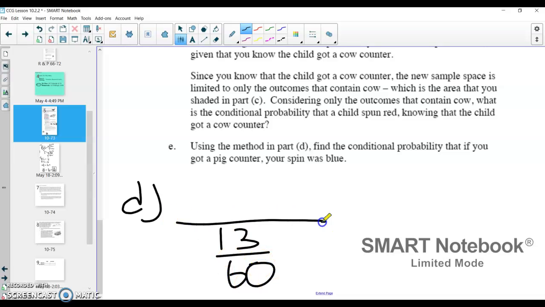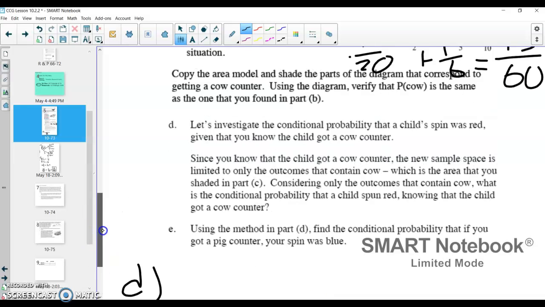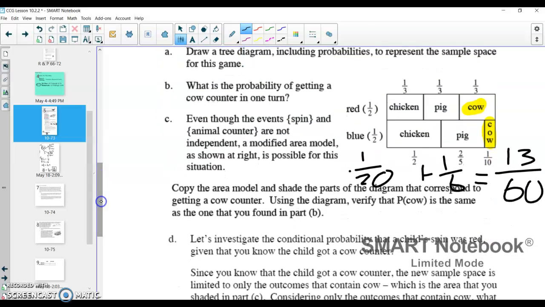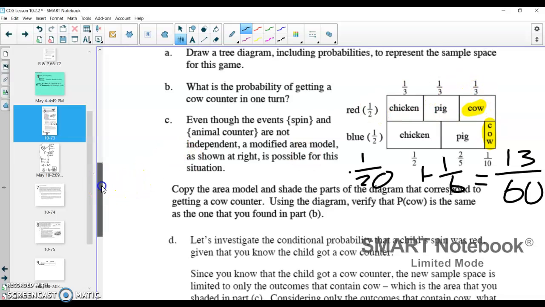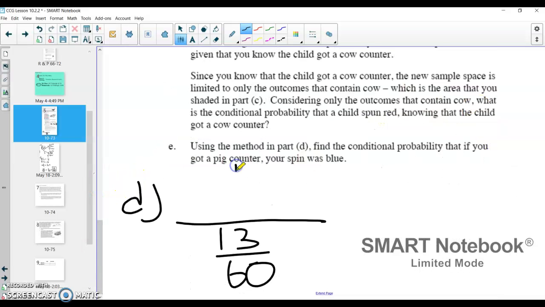And that's going to be in our denominator because that's the new sample space. And then in the numerator, we're going to put the chance that it is specifically a red cow. If we're talking about a red cow, it's 1/2 times 1/3, which is 1/6. And so you end up with 1/6 over 13/60ths.